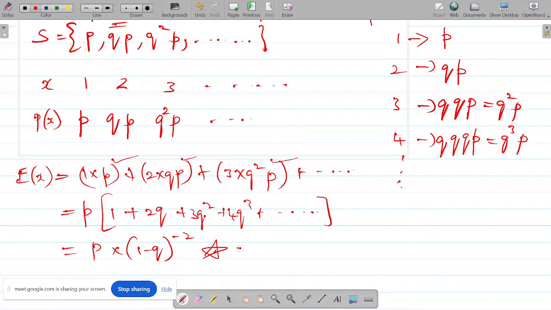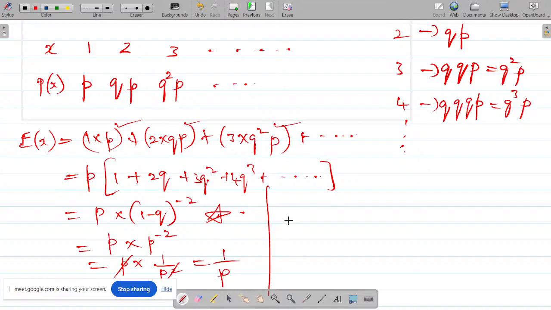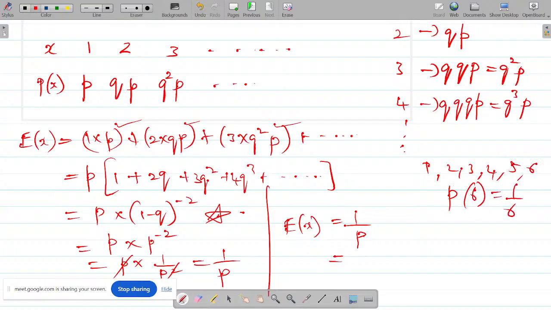So 1 minus Q is nothing but P. So P into P power minus 2, which is P into 1 by P square, and P will get cancelled. So this is 1 by P. So ultimately E of X is 1 by P. But we know out of the 6 faces, 1, 2, 3, 4, 5, 6, the probability of getting a 6 is 1 by 6. So this can be written as 1 by 1 by 6, which is 6.